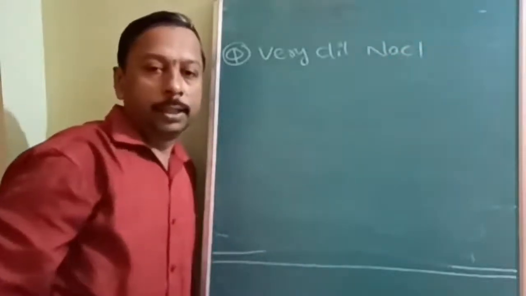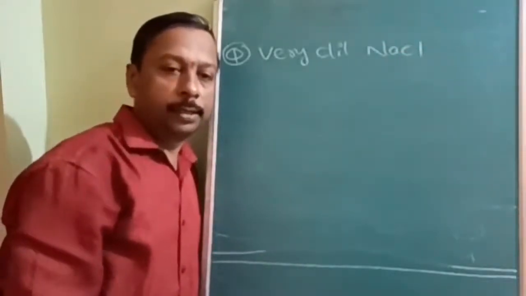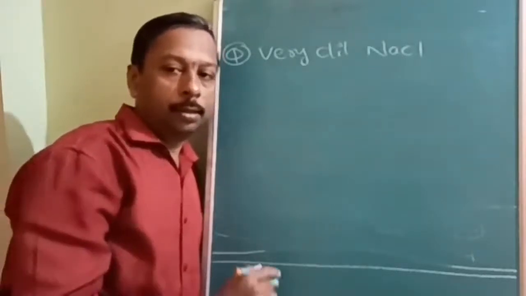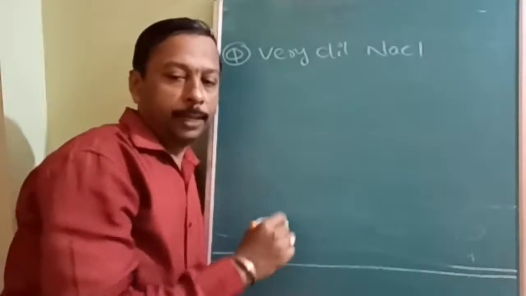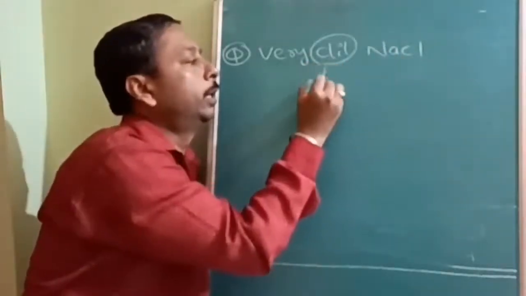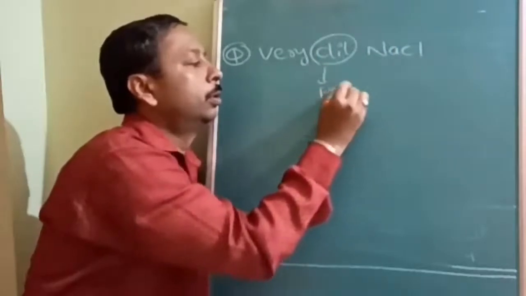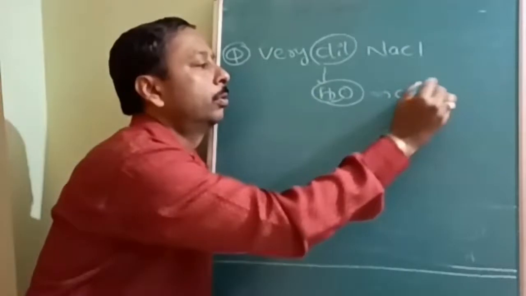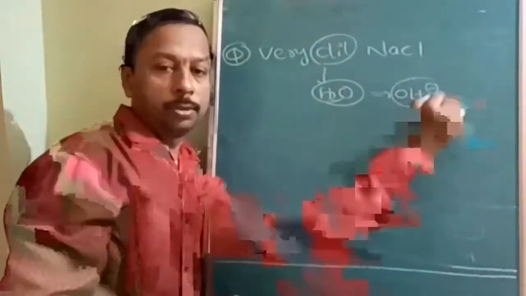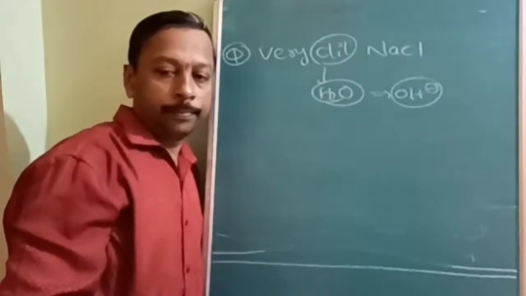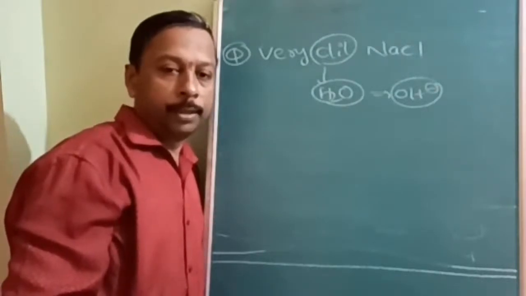Here concentration also makes the difference, and electrode also makes the difference. So I am explaining here, listen carefully. Very dilute means water is more, so OH minus will be more because of the very dilute concentration.